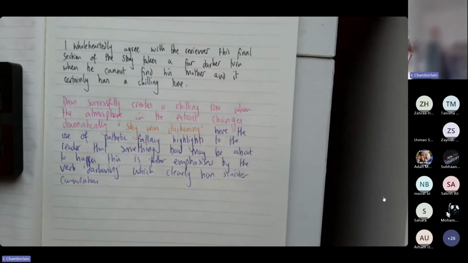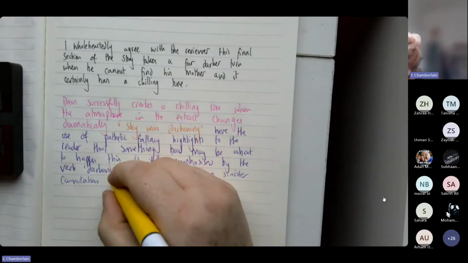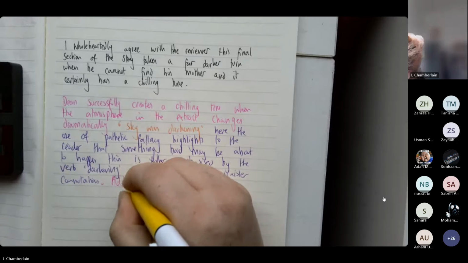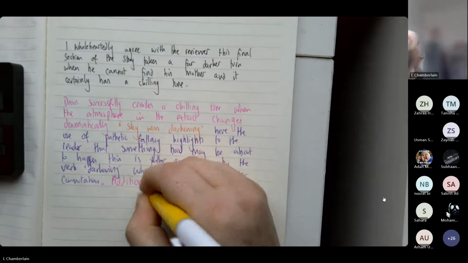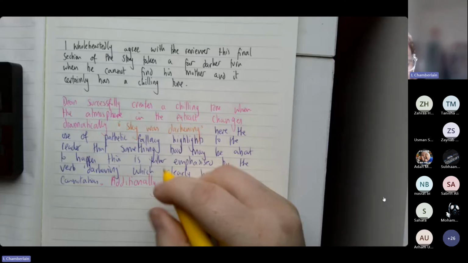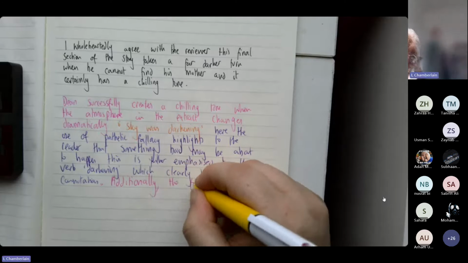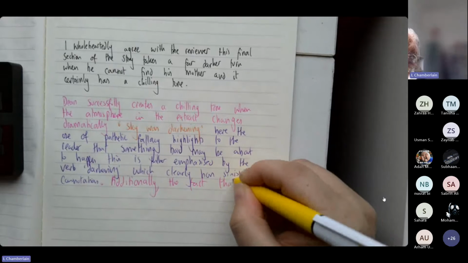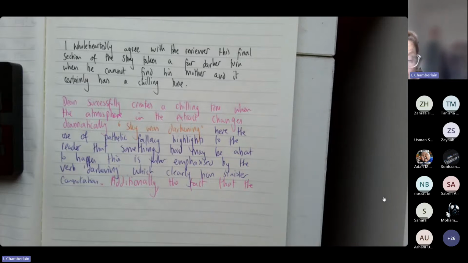Now, really, I want to build this idea up further. I want to keep layering this answer up. So we can keep returning to the what, how, and the why to do this. So I could also say, additionally, the fact that, and then I'm going to use another quotation and see how I'm using the embedded quotations to make sure that I'm getting to the heart of it.